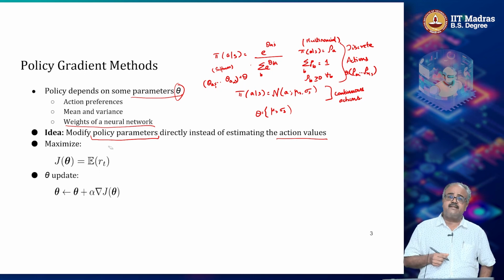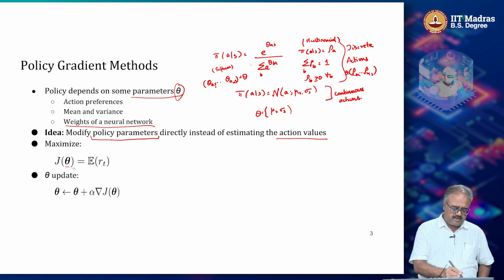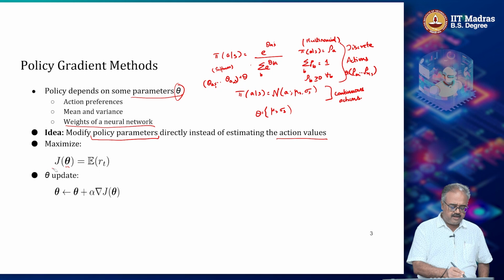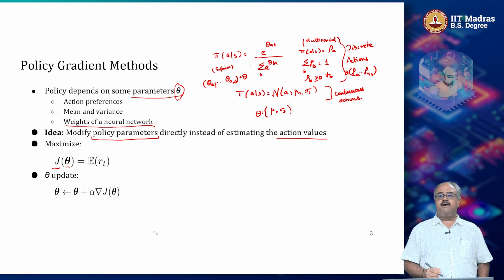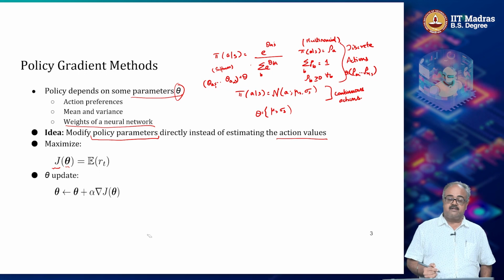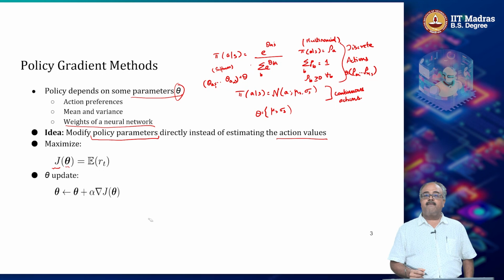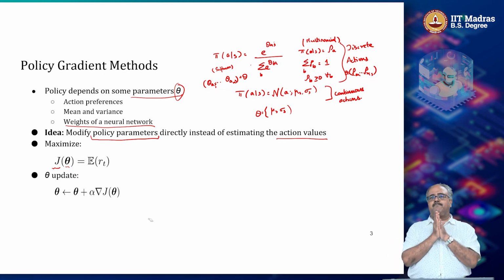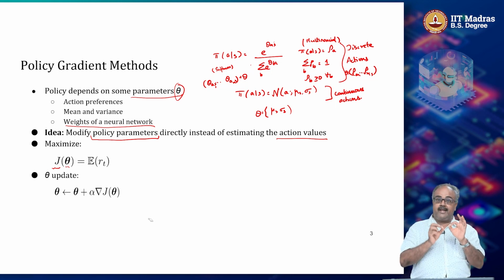So the first thing that I do is, given a particular parameter theta, I am going to define a performance function. I am going to define an objective function which we call J of theta. J of theta is something like the value function, but it is basically the performance of the policy as a whole, for the particular value of theta.